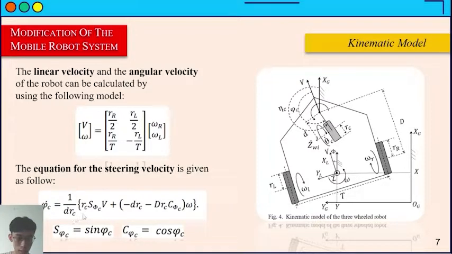And it means if you have the radius center here, the radius of the front wheel, the velocity, D is the distance here, and omega, you can calculate phi c dot, the steering velocity.